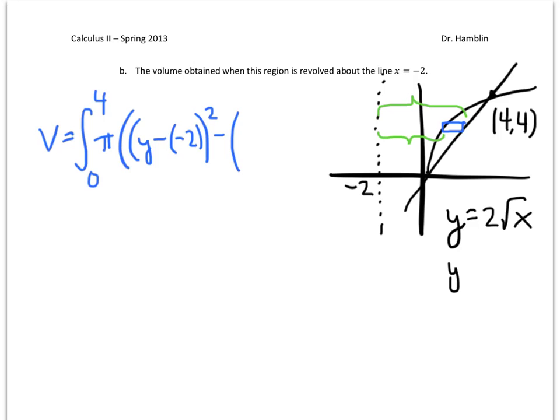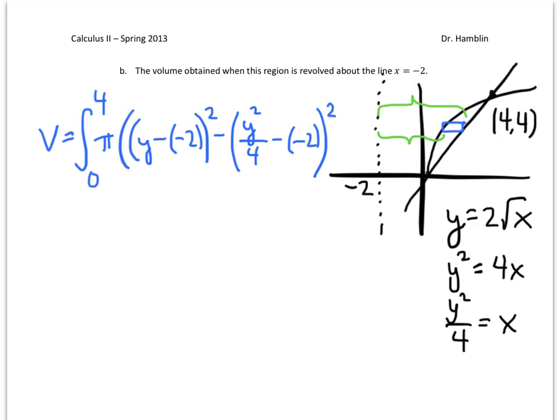So let's square both sides. y squared equals 4x. x equals y squared over 4. And so that means that my inner radius is going to be y squared over 4 minus negative 2. That's my inner radius, square that, and then integrate with respect to y. And again, we were asked to just set up and not evaluate the integral, so that's what we're looking for.